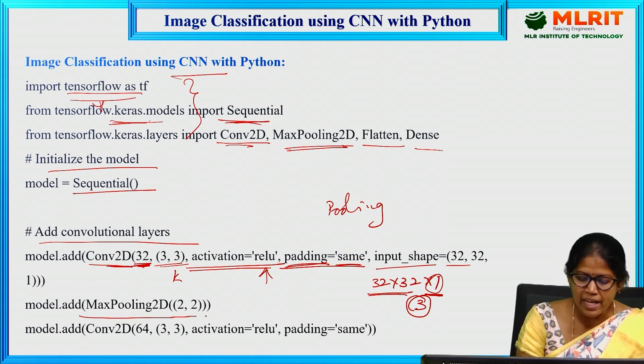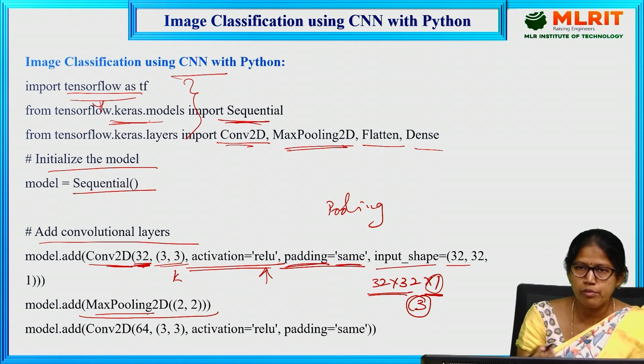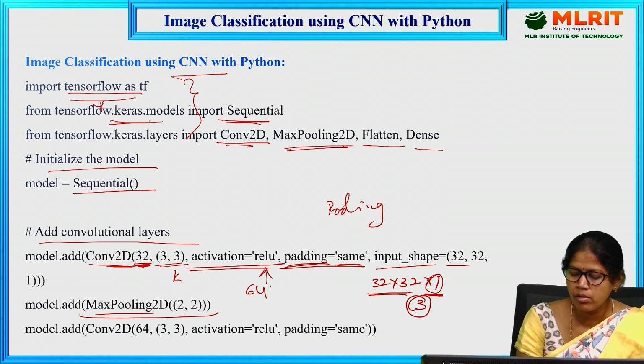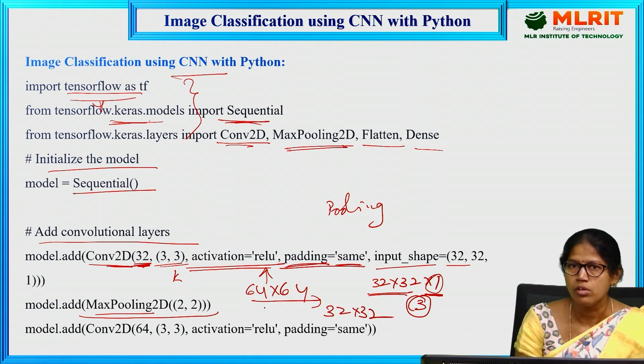Next, adding max pooling, which means to reduce the image. Here we are using max pooling. So if it is a 64 by 64 image, then it will be reduced to 32 by 32, because it will take max pooling with a 2 by 2 region and a stride of 2.